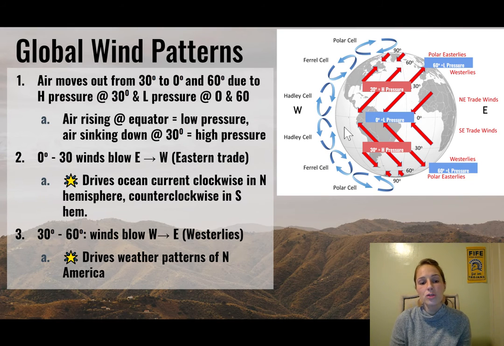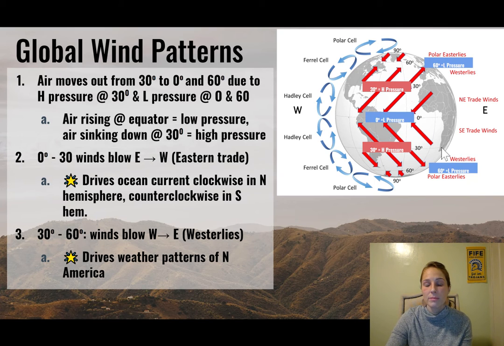And these are going to drive ocean currents clockwise in the northern hemisphere and counterclockwise in the southern hemisphere. This is because up here in the northern hemisphere, remember the way that we're moving, because we are moving from 30 to 0, it's going to push it in this way, and we're going to see this swooping down, and it will be moving clockwise.